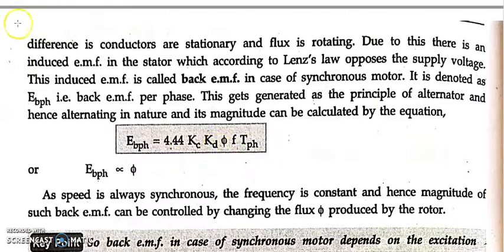Flux depends on the field current. So the EMF induced per phase is proportional to the flux. If I have control over the flux, or the field current excited to the rotor, then I can control the EMF induced per phase in the stator winding. So back EMF depends on the field current and not on the speed.